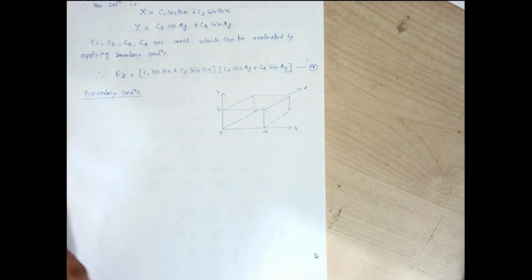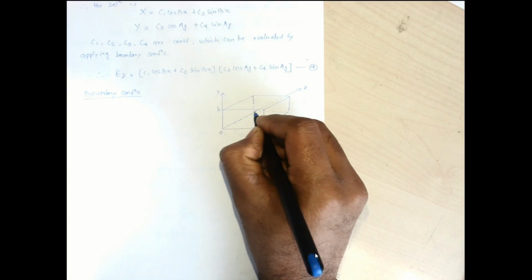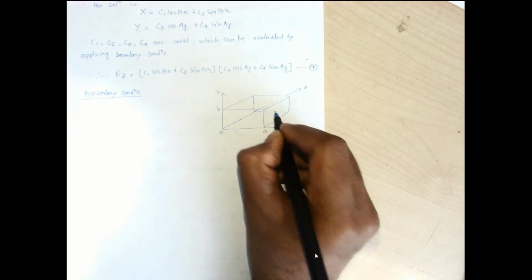These walls of the waveguide are conductors. We can consider them as good conductor or perfect conductor. So the electric field on the wall, as we said, the tangential components on these walls are completely zero or vanish because they will get short circuited or grounded for the electric field.